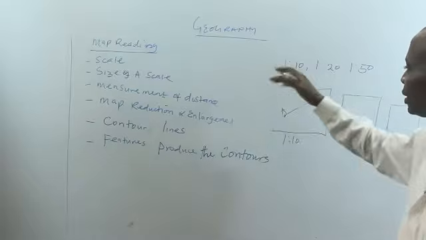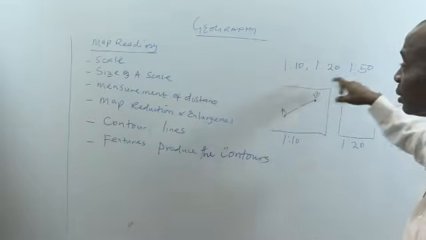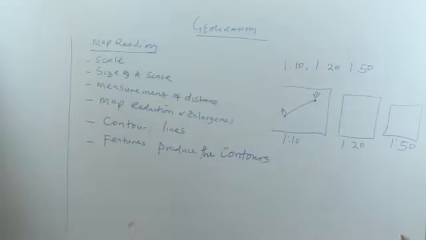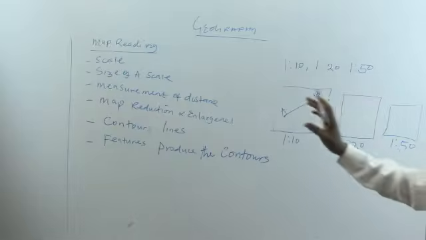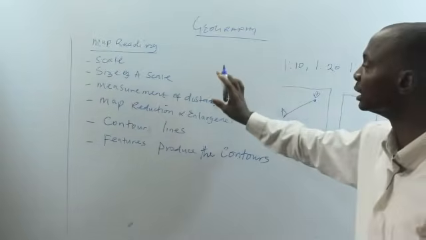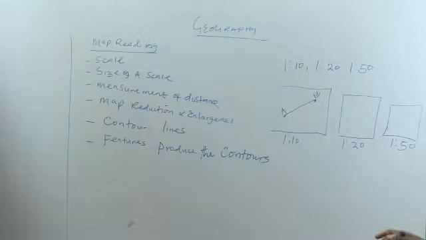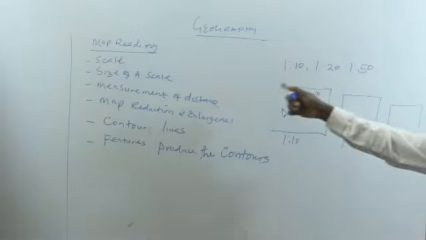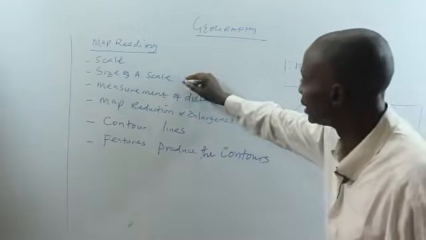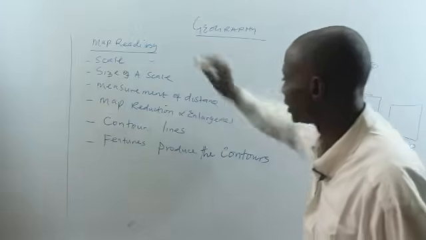That is why knowing the size of a scale is very important, because it will help you solve the measurement of distance on the ground. So that is all about the size of the scale.